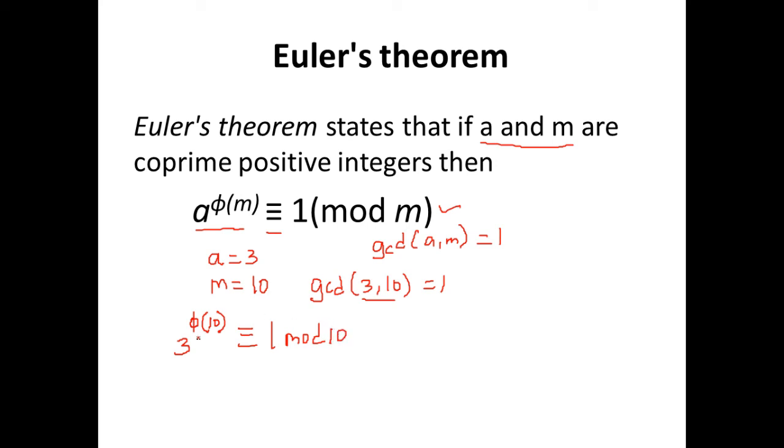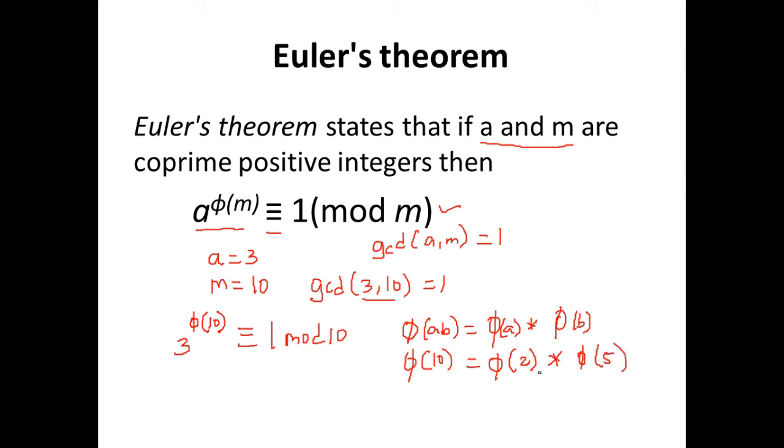We have to compute φ(10), which is Euler's totient function. For that, we can use the property φ(AB) is equal to φ(A) times φ(B). So we split φ(10) using the prime factors of 10, as φ(2) into φ(5).